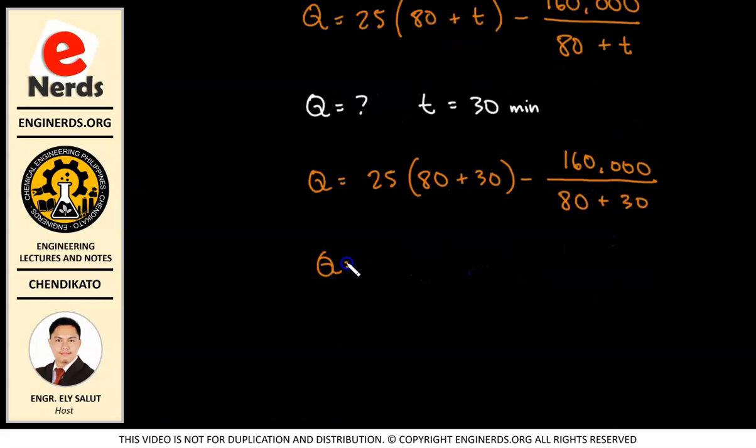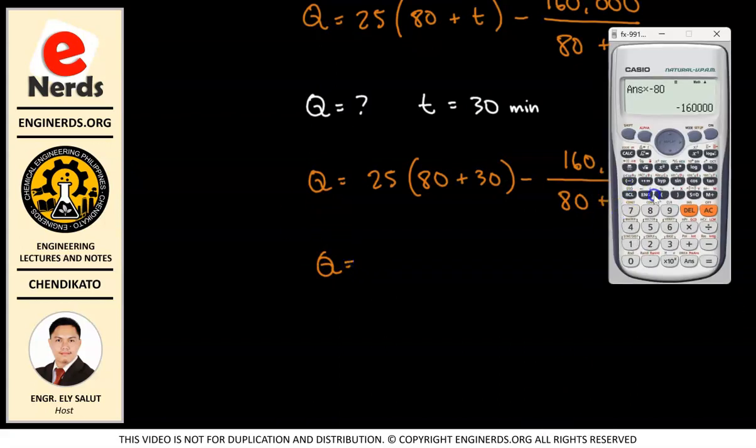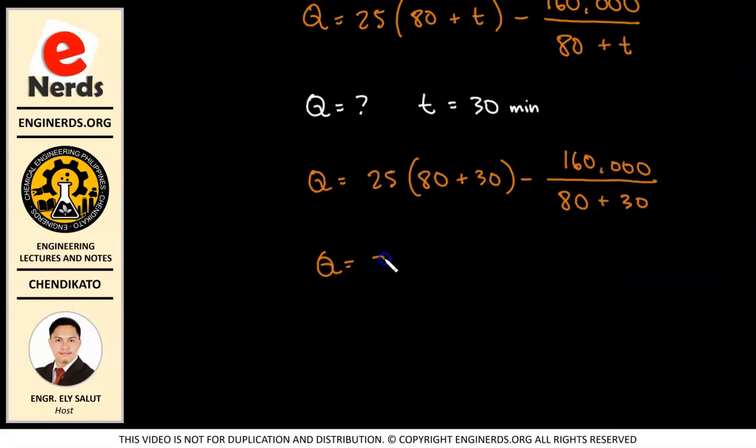Let's solve it one step at a time so we don't get confused. We have 25 times 80 plus 30, so we have 2,750, minus 160,000 divided by 110.